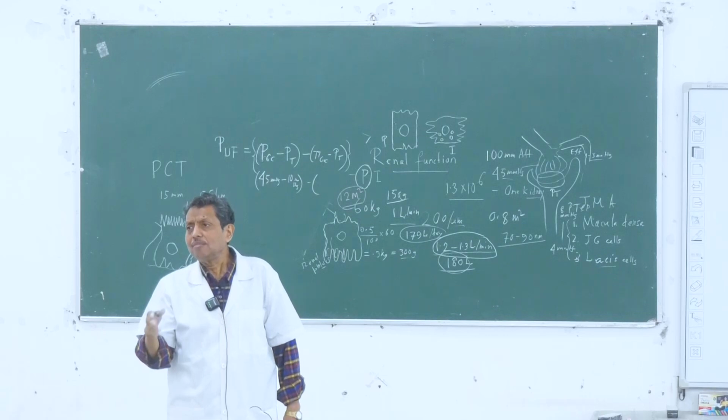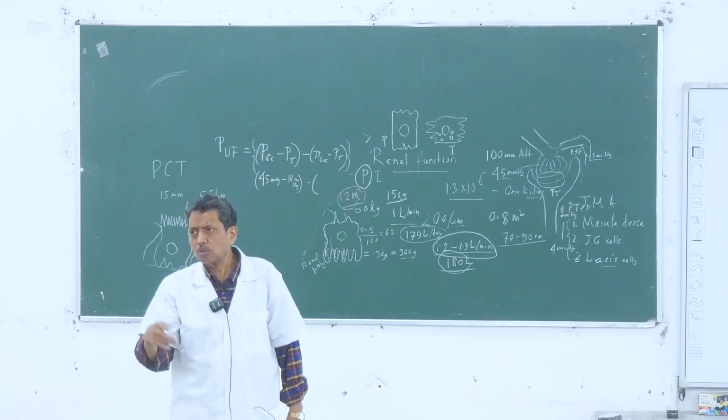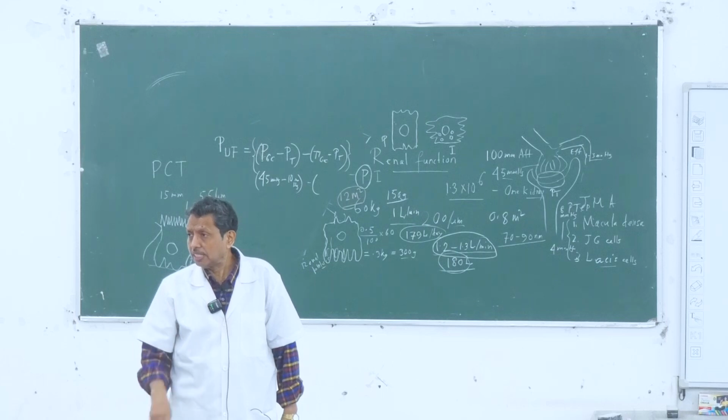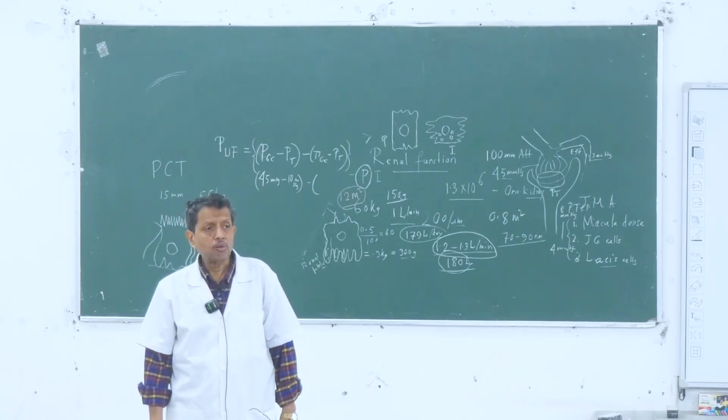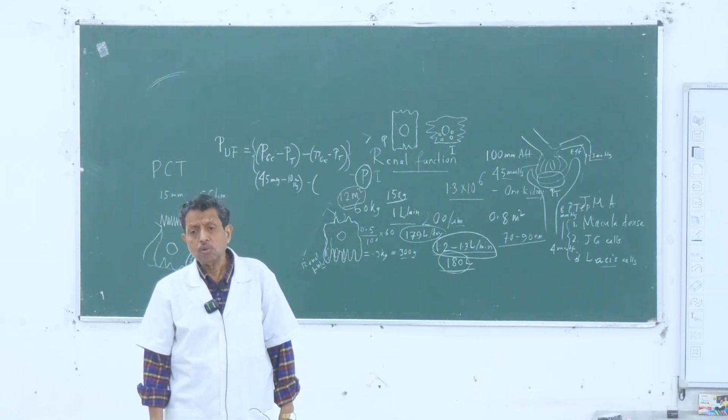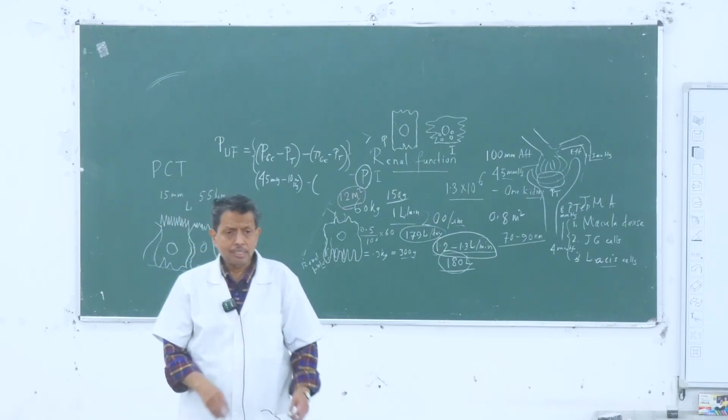Because these electrolytes and small molecules are freely filtered, only the colloidal substances remain. So pi GC, what is the normal value? Suppose 20 millimeter of mercury or so.